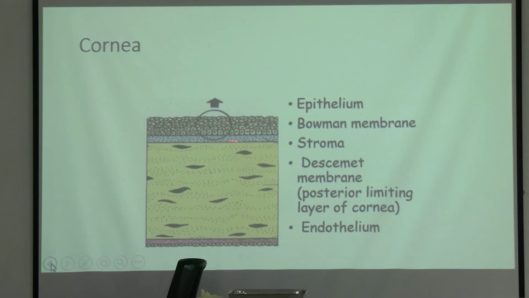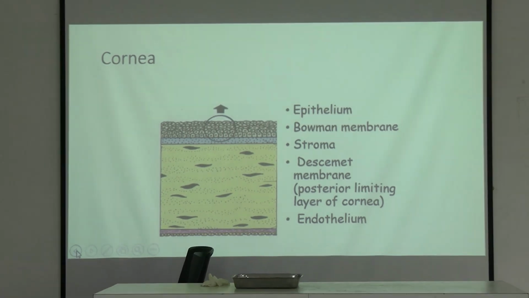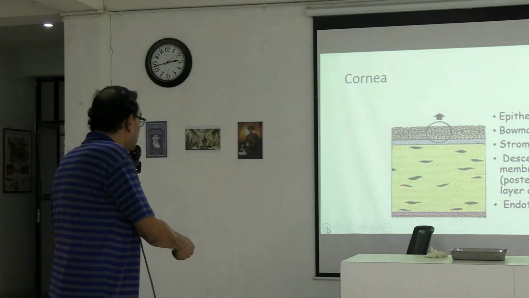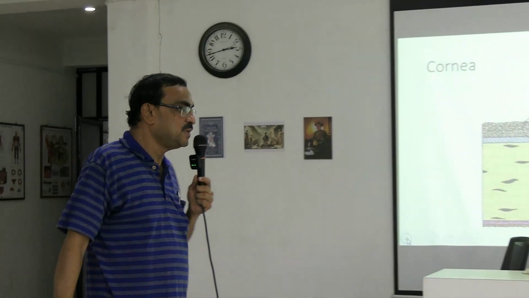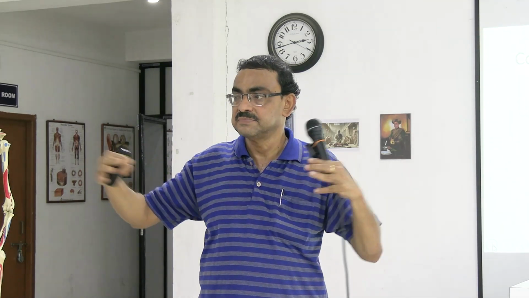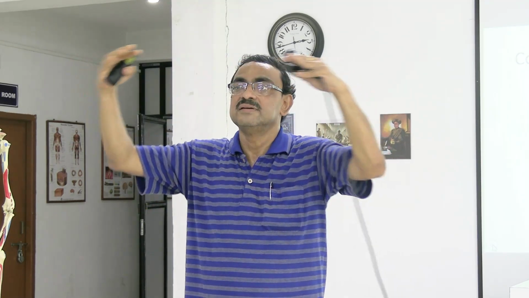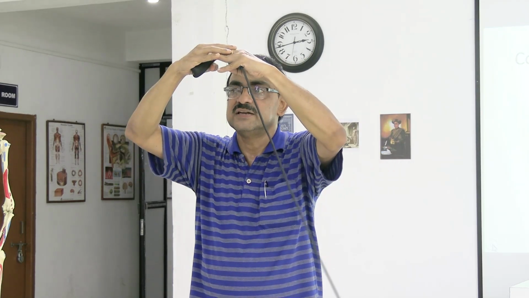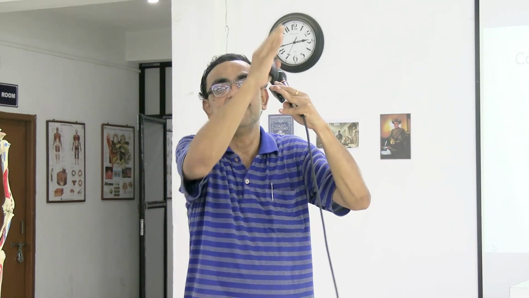In the stroma, there is a substantia propria or the stroma. Here you can get the connective tissue, but there is a difference. Here we can find these corneal corpuscles. That means within the stroma there are collagen fibers, 50 to 60 layers of collagen fibers. One layer is oriented horizontally and another layer is perpendicularly oriented.